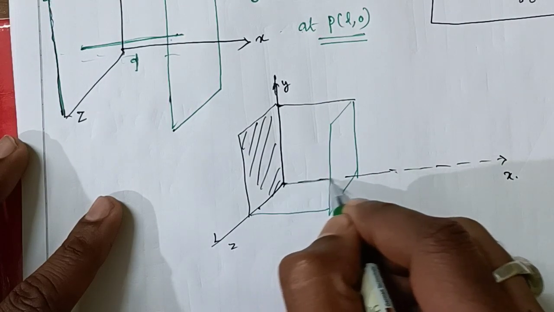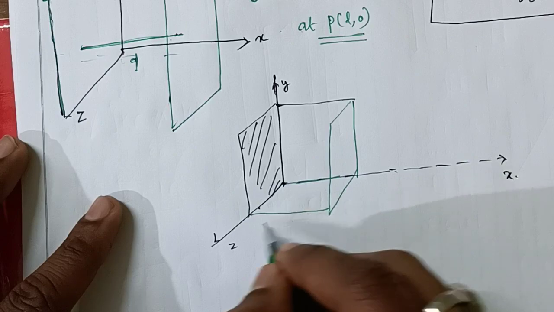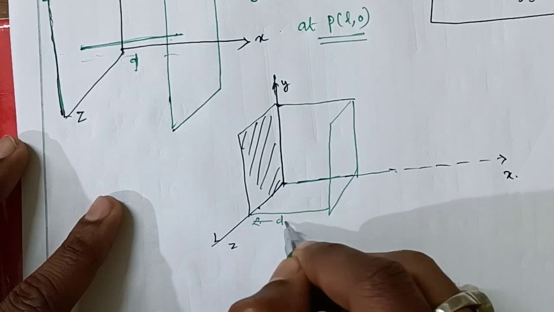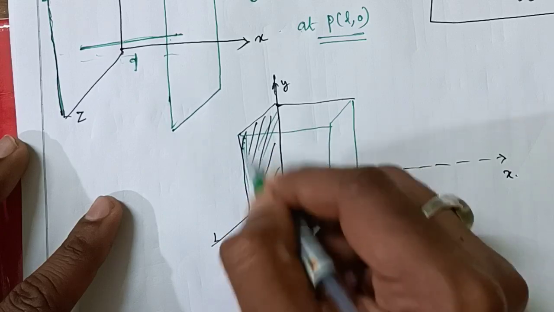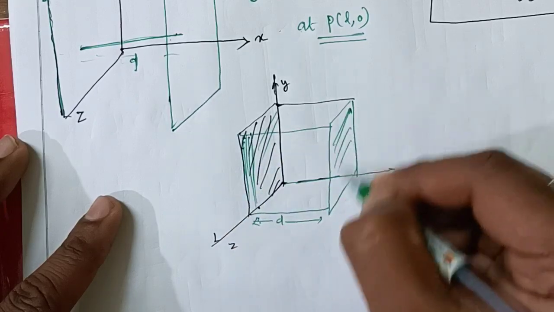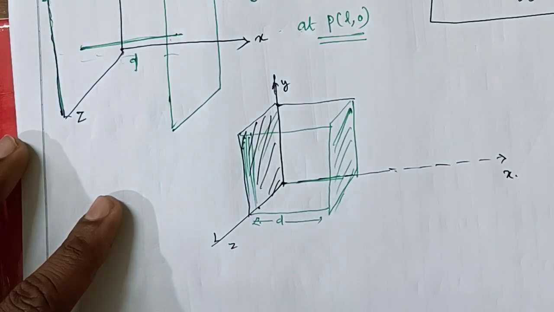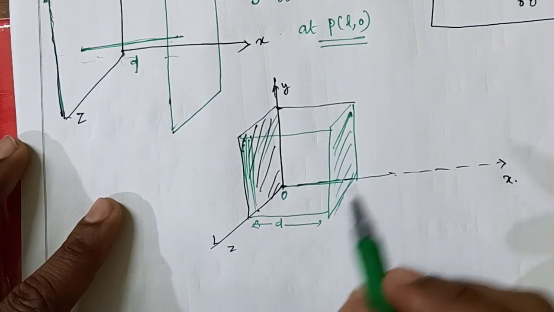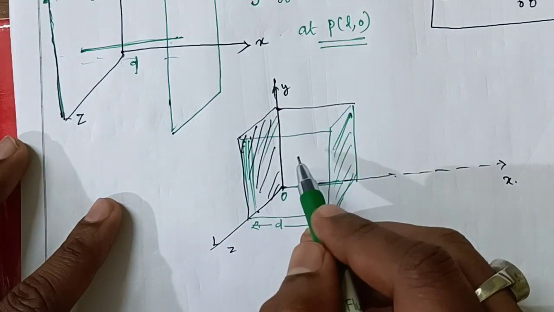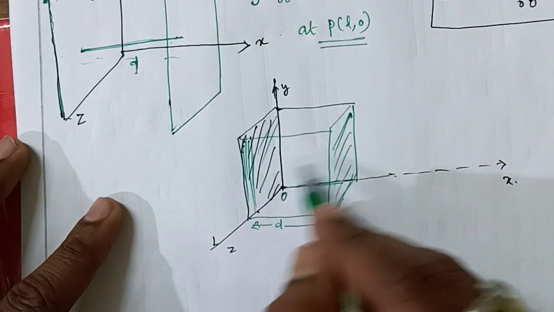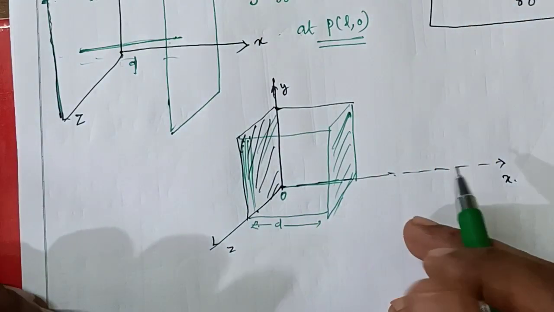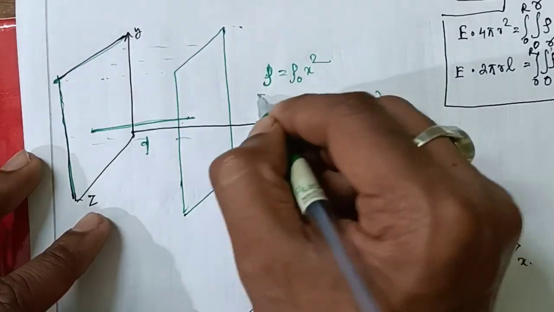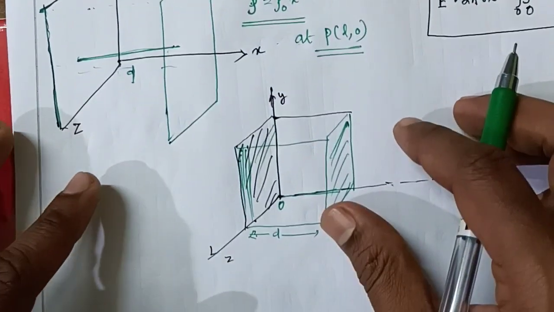And what is the distance given? This distance you can think of as d. This is one sheet, this is another sheet, and in between them the distance is d. In between them some charge density exists between the two parallel sheets, and it varies as rho equals rho naught x square.